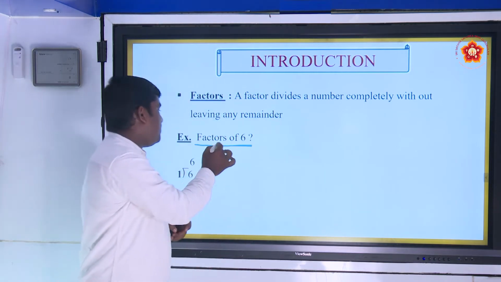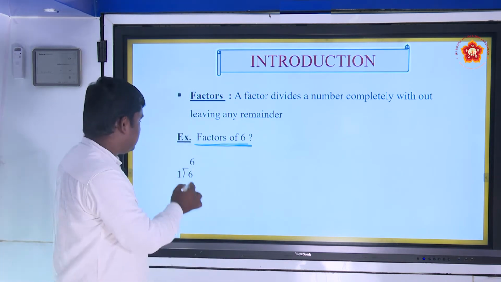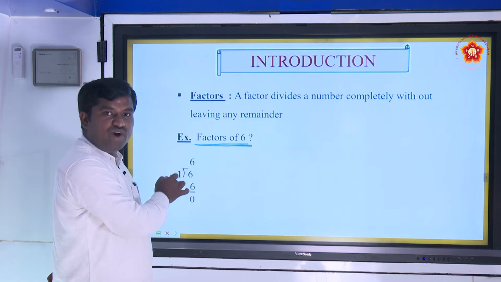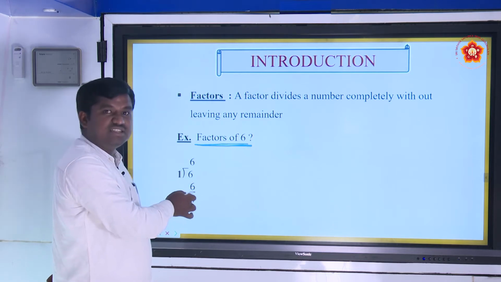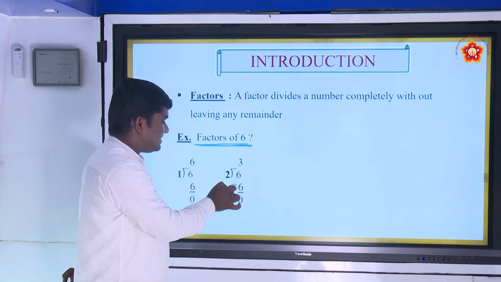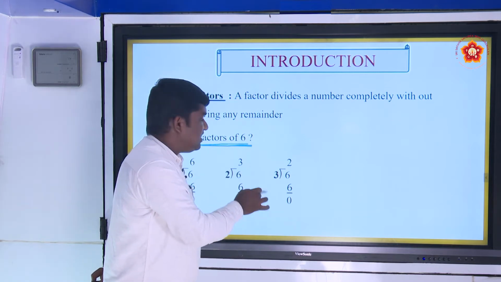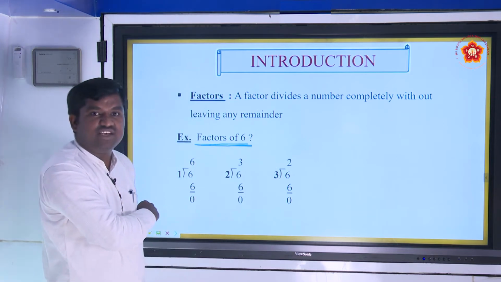See, I will divide 6 by 1: 1 6s are 6, the remainder is 0. Next, from 2, 2 3s are 6, the remainder is 0. Next, from 3, 3 2s are 6, the remainder is 0.